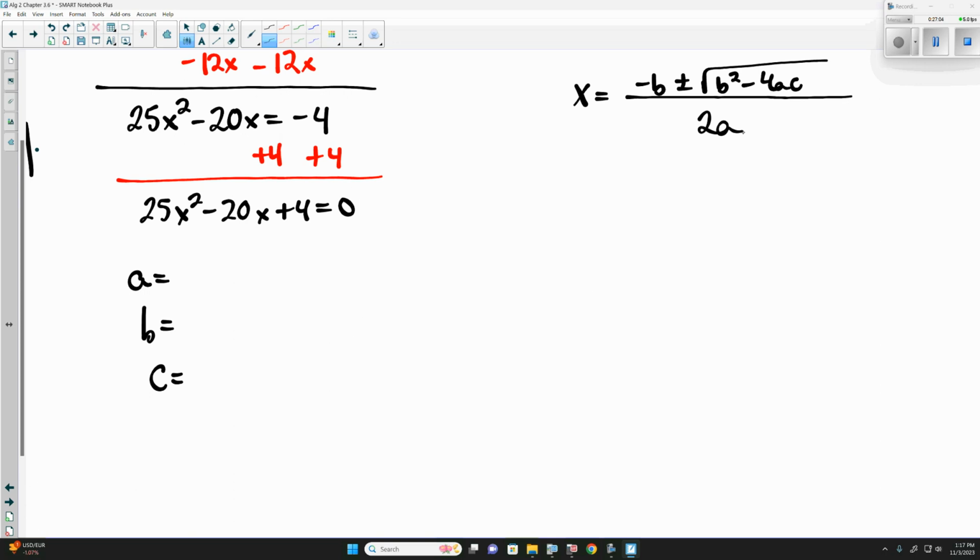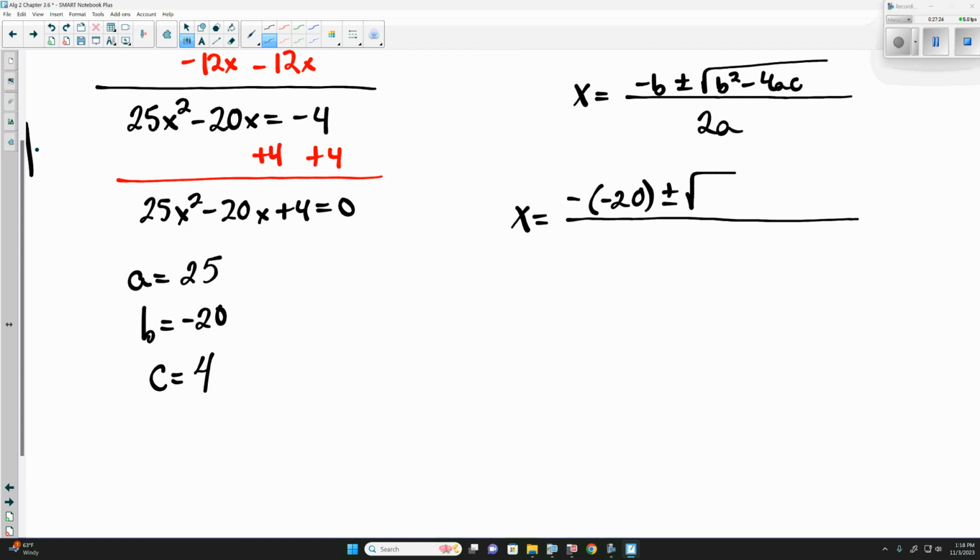We feel good with getting the equation equal to 0. Value of A, value of B, value of C. Now we can plug this in, negative B. Well, our value B is negative 20, plus or minus negative 20 squared, B squared, minus 4, A is 25 and C is 4, all over 2A, 2 times 25.